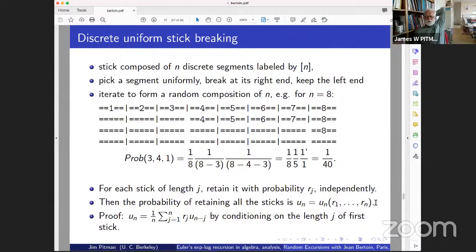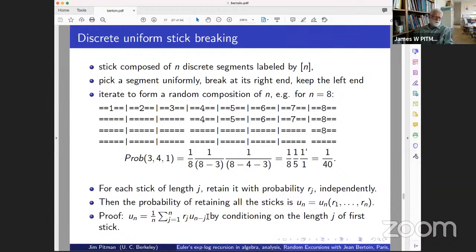And the proof is almost trivial, and really trivial compared to most of the previous discussion. Namely, you just condition on the length of the first stick, right? The length of the first stick is uniform. And if you've started by choosing a stick of length j, you're going to keep that stick with probability r_j, and then you're going to keep all the remaining sticks with probability u_{n-j}.